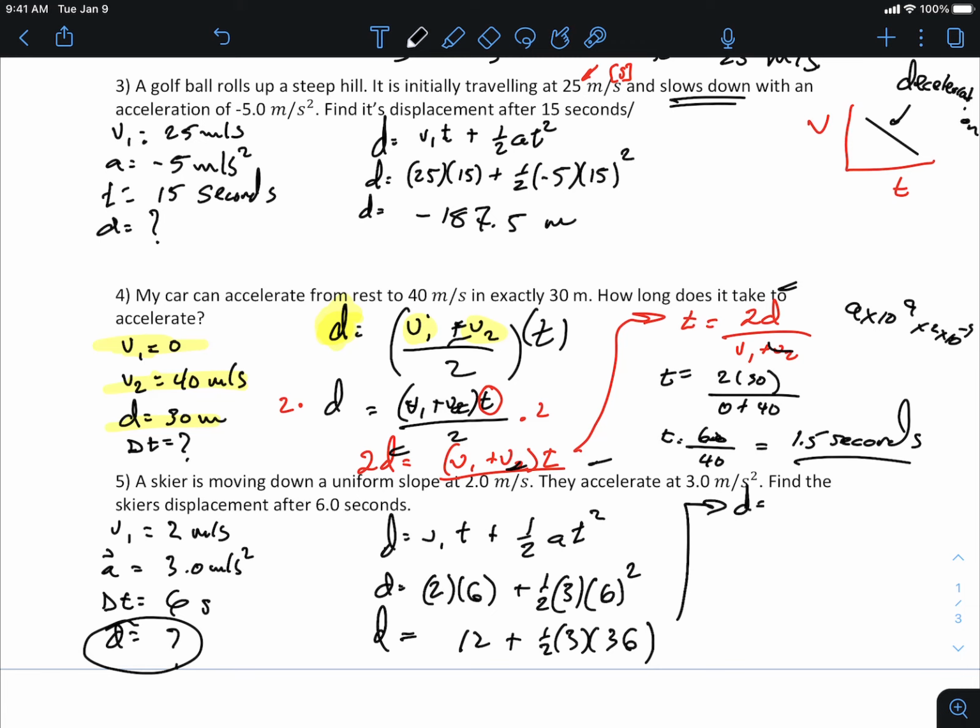I'll just show you some math tricks that I'm kind of using in my head. D equals 12 plus 3 times 18. Did we see where that came from? Half of 36 is 18. 3 times 18 is 54. I'll make sure so we don't get a wrong answer. Yes, I'm right. And then d equals 12 plus 54. Well, 54 and 10 is 64, and 2 will be 66 meters. Boom.